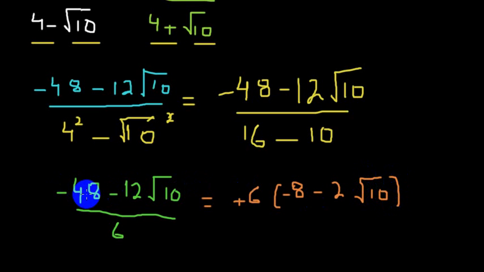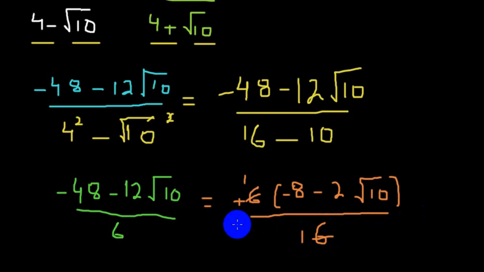So actually there are two terms, negative 48 and then negative 12 into square root of 10. This is one term and this is the other term. So in both terms we took 6 as common factor, and in the first term there is a negative 8 left, and in the second term there is negative 2 square root of 10 left. Okay, now in the denominator there is 6, and now we can simplify it like 6 times 1 and 6 times 1.